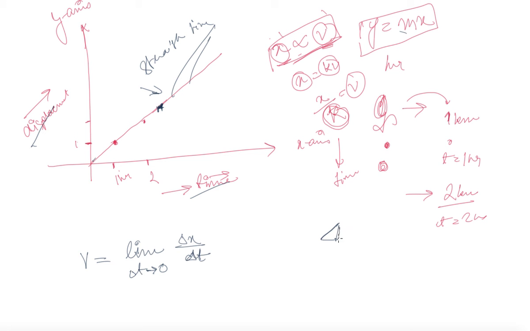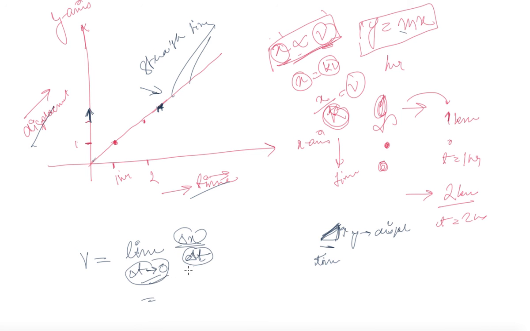This is my displacement because this is along the y-axis. Along the y-axis is my displacement, and along the x-axis is my time. So this is a slope that I have. For a very small time interval, this is given as del x upon del t.